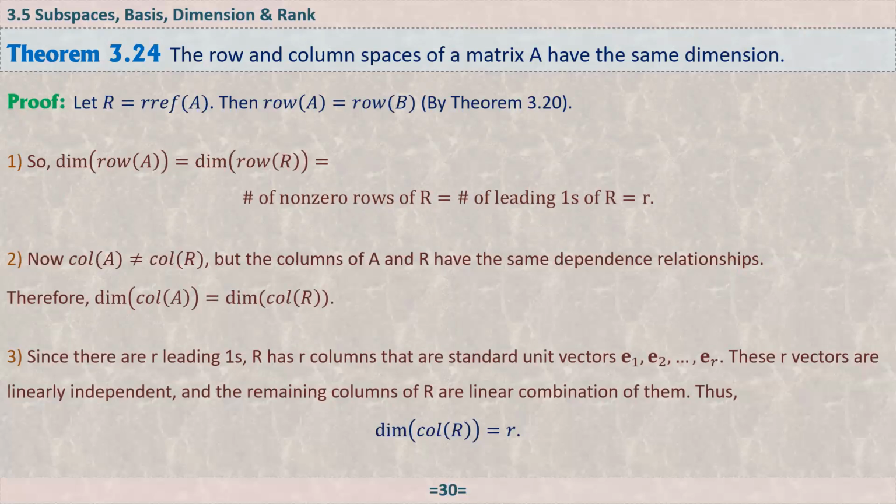It's just an example, but now we can give this as a theorem, and in general it is also true. The row and column spaces of a matrix A have the same dimension.